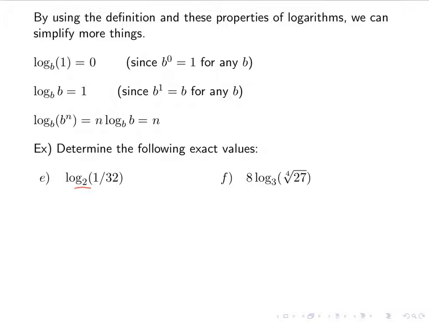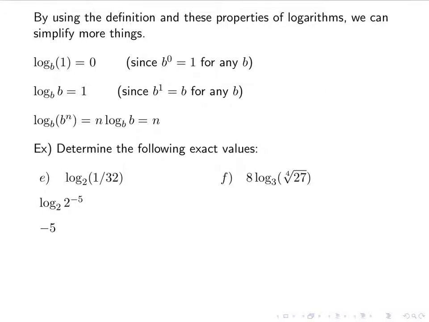The 1 over means that the exponent I'm looking for is negative, and 2 to the 5th is 32. So 2 to the negative 5th has to be 1 over 32. So I'm going to rewrite this as log base 2 of 2 to the negative 5th, which means that the log base 2 of 2 to the negative 5th is just negative 5. So there is an exact logarithmic answer. No calculator needed.